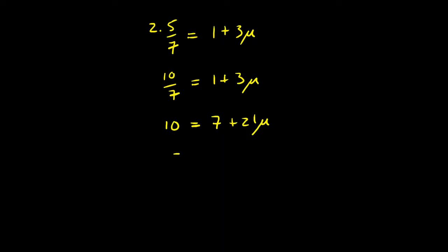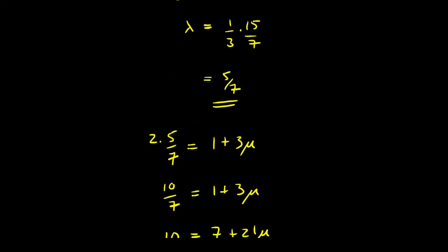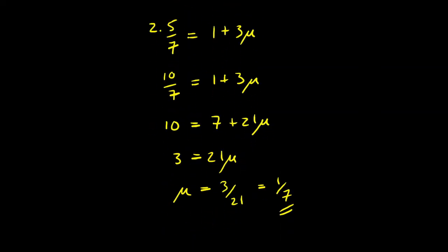So 3 is equal to 21 mu. So mu is equal to 3 upon 21. And 3 upon 21 should cancel, I think, to give 1 upon 7. So let me just check that. I get lambda is 5/7 and mu is 1/7. Let's just see if that's right. Yeah, lambda is 5/7 and mu is 1/7.